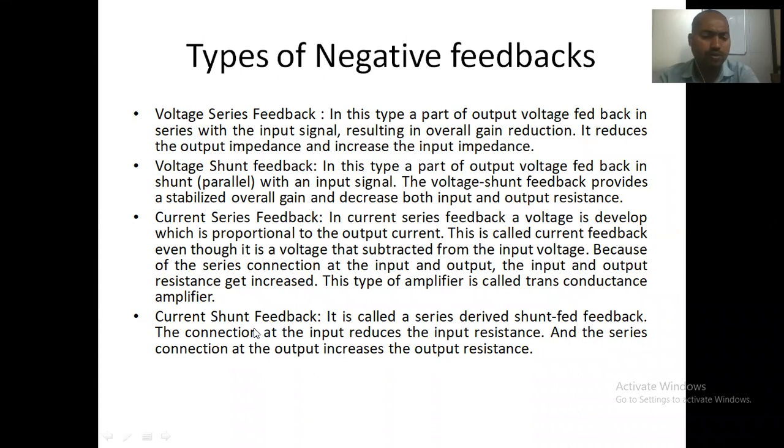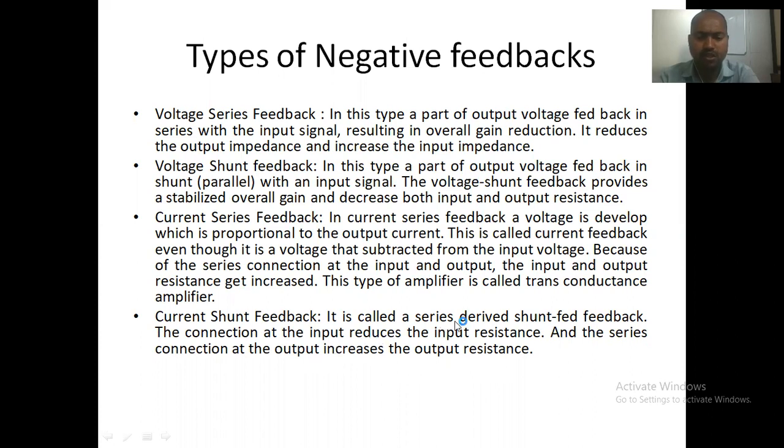It reduces the input impedance, and the series connection at the output increases the output resistance. Both things are the same: input resistance reduces, that is the same.